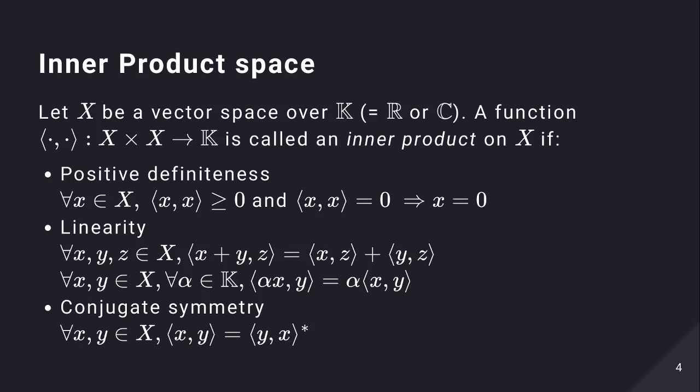Here we have the axioms of an inner product on a vector space. Note that here we say a vector space over some field K, but really they mean either the reals or the complex numbers. It's a bit unfortunate because it means that everything we'll see in this section is not completely general, because it does not extend as easily to vector spaces over arbitrary fields.